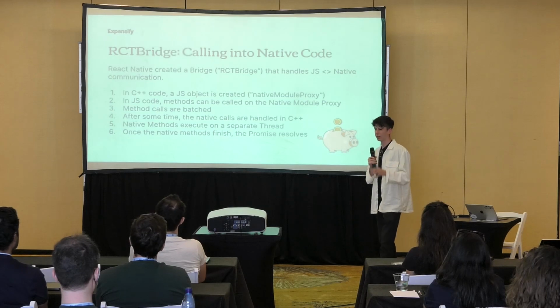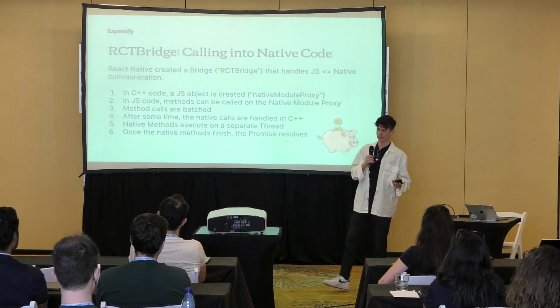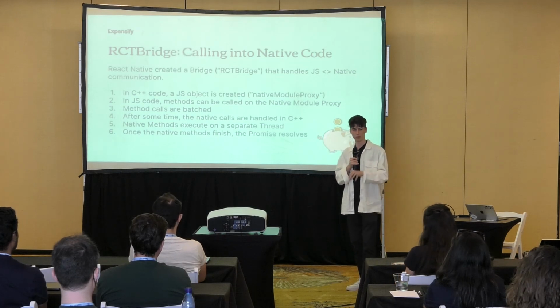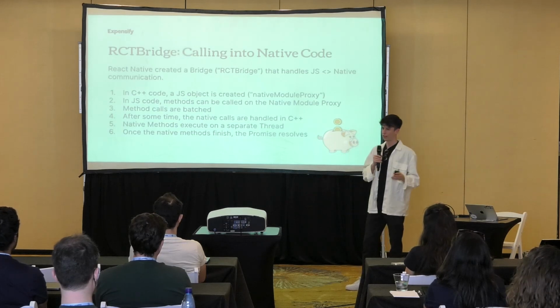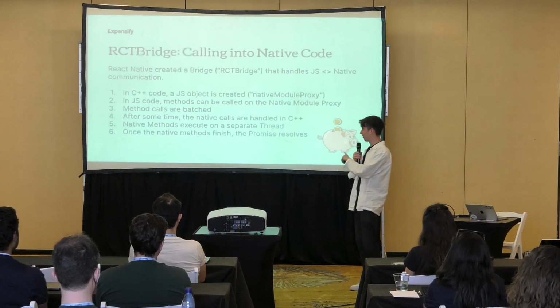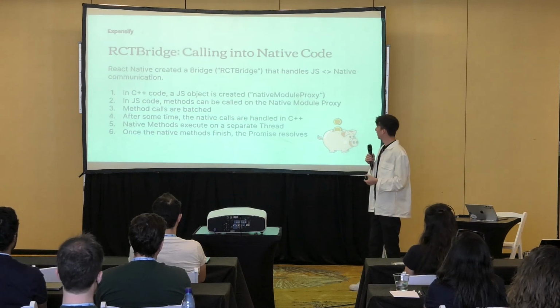Return values are kind of a different thing because the whole architecture of the legacy native modules is that everything is asynchronous and everything is called back using a promise resolver. And there is one exception to this. There's one synchronous method. I think I'm going to go into more detail on that later, but we'll see.